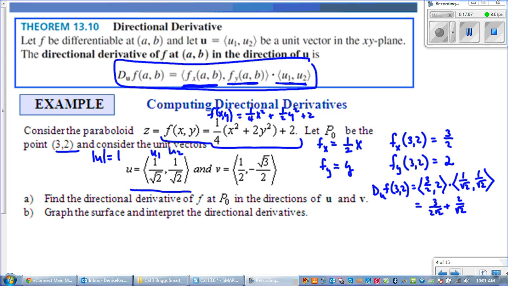Common denominator would be 2 times the square root of 2. So this would be (3 plus 4) over 2 times the square root of 2. So I'm just multiplying this by 2 over 2 to get the common denominator. And so that gives me 7 over 2 times the square root of 2, which is approximately 2.47 or 2.5.